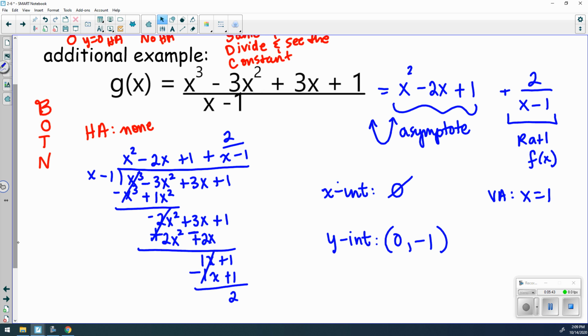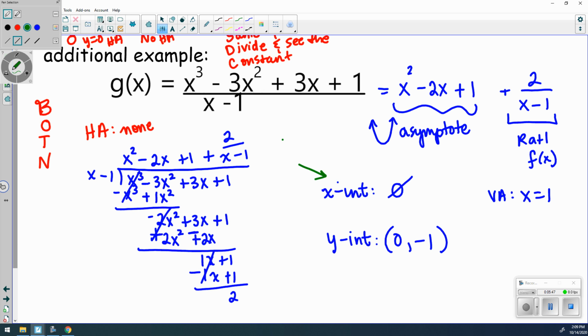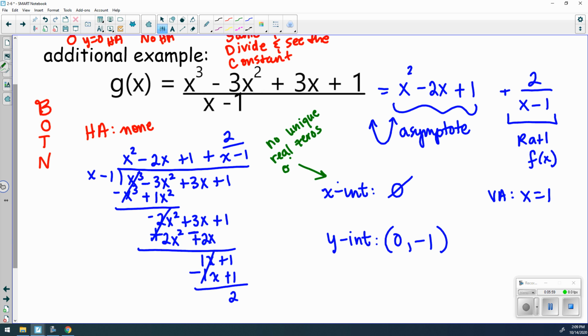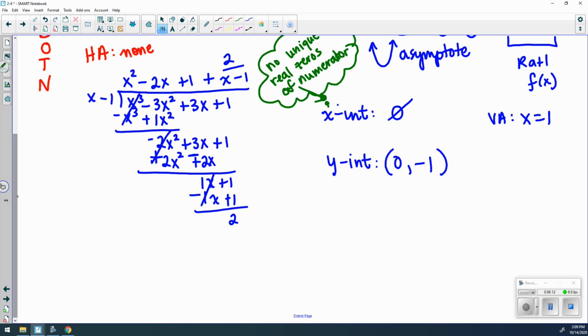I'm going to make myself a note there: I had no real zeros of the numerator. Put that in a thought bubble because I kind of thought about that. Okay, let's make a sketch. Here we go.